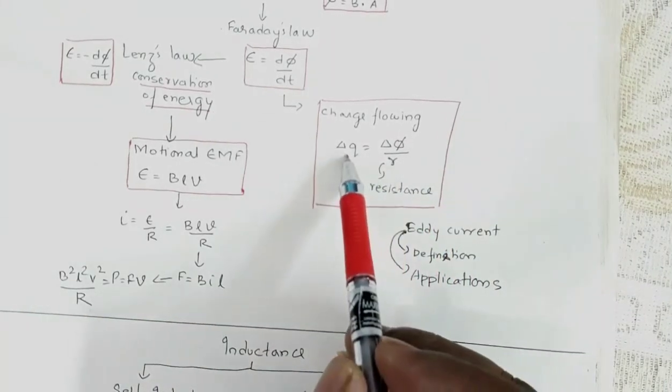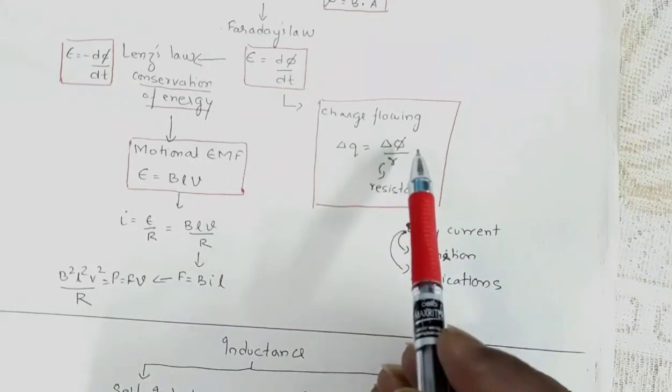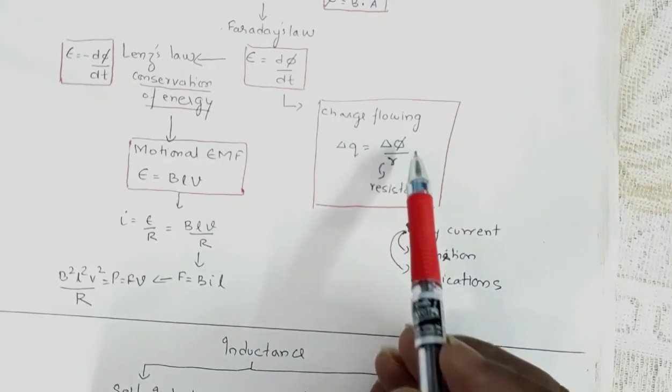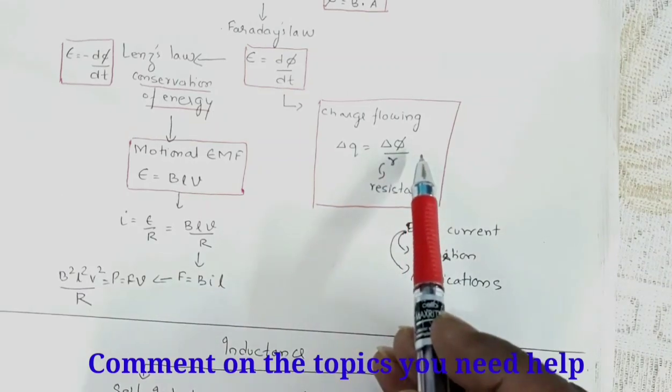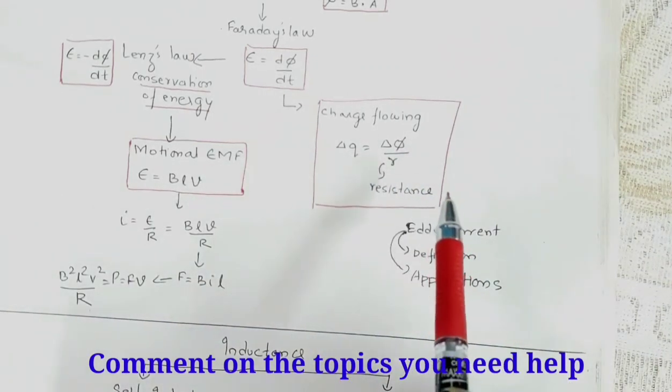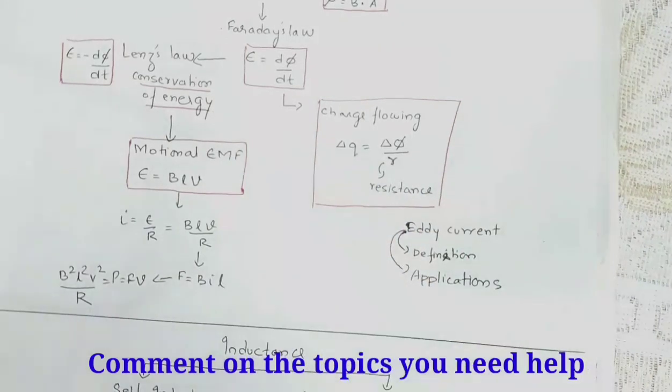So the charge flowing depends on the change in magnetic flux and resistance. It is independent of the way the flux changes. Whether the flux changes very slowly or very fast, the charge flown through the loop or the conductor will be the same.